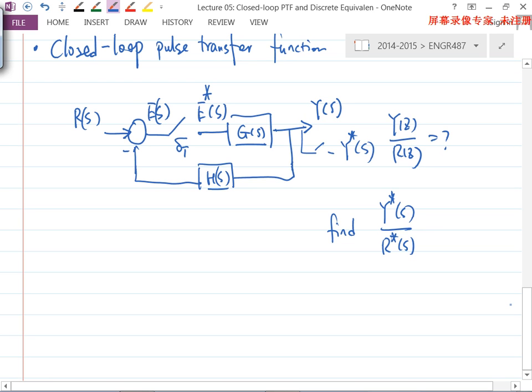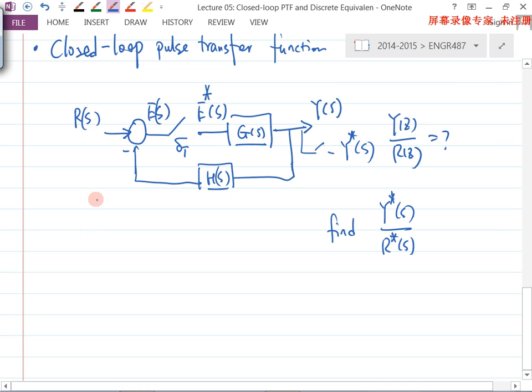Just like a continuous system, how do you find the transfer function? You start from E of S here, go through the blocks by multiplying things or adding things together, and in the end you find a ratio between Y of S over R of S. Very similar.